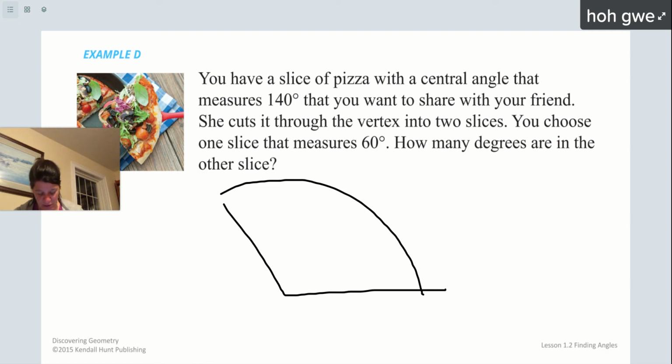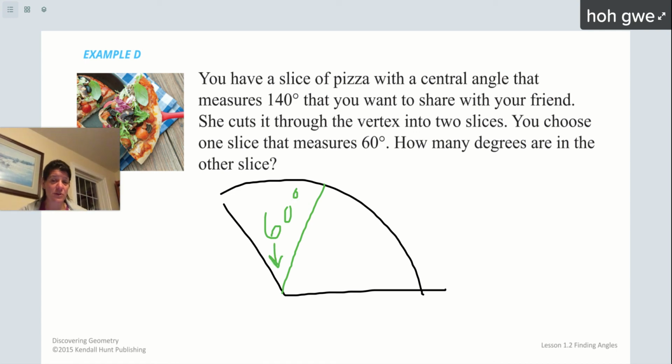And our friend comes along and she slices through the vertex to make two slices, and one of those slices is 60 degrees.